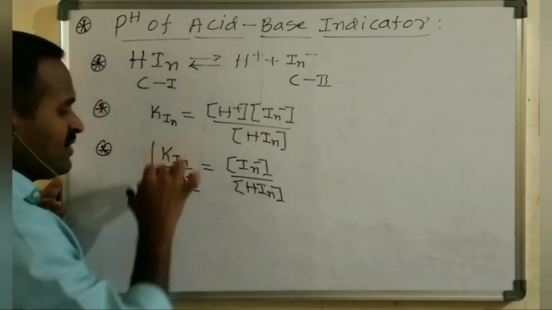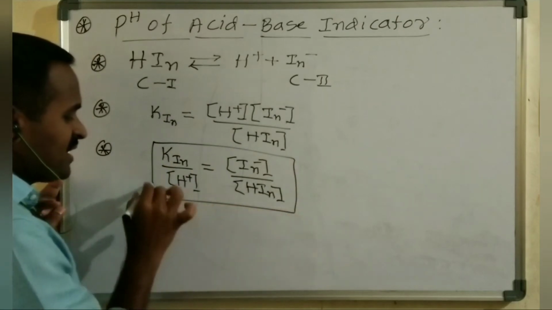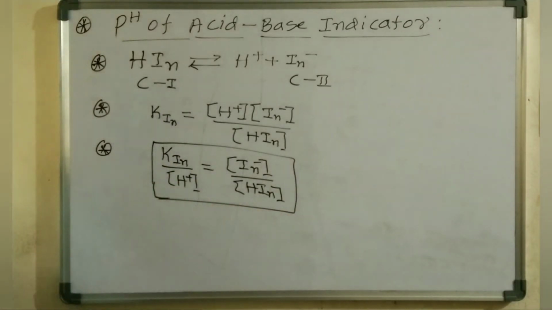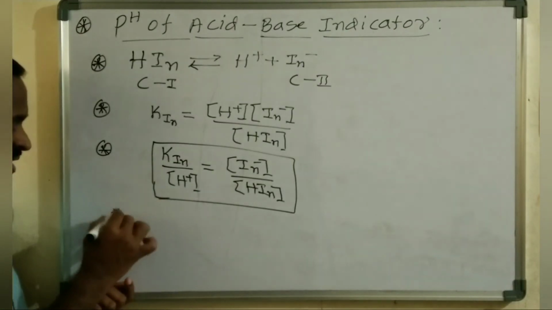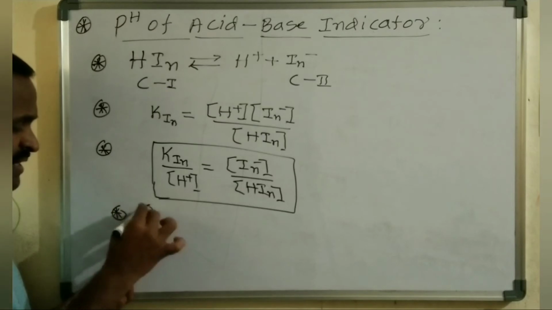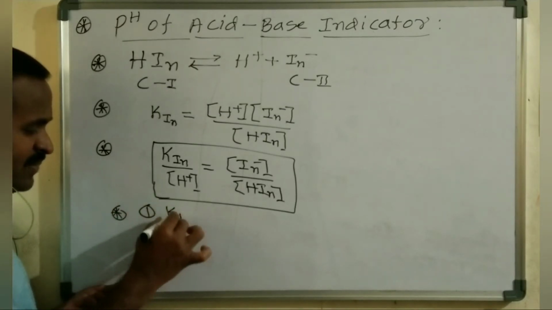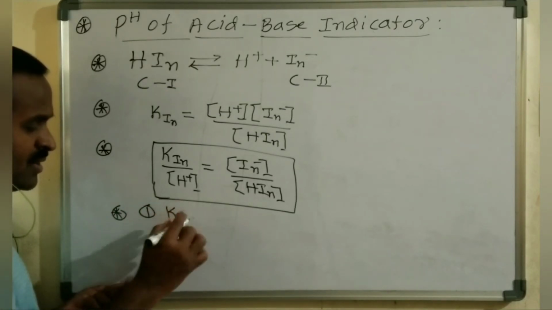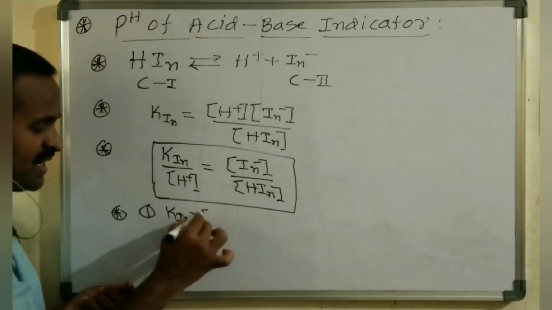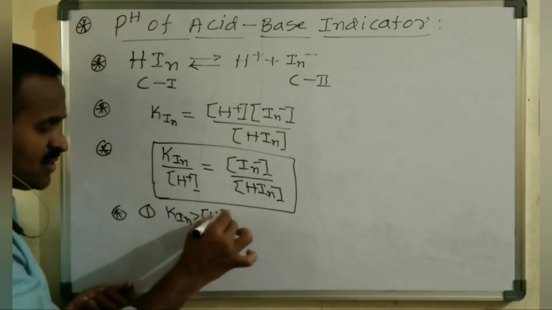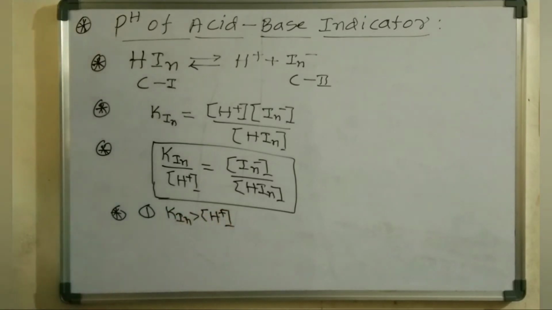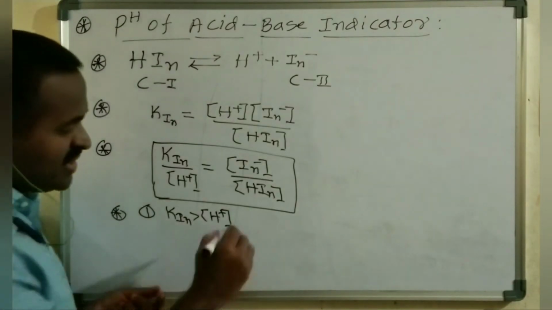Okay, so here we can frame that mainly three situations will be raised by comparing the KIn and the H plus ion concentration. Suppose the KIn value is more than the H plus ion concentration. So the magnitude of KIn is more than the H plus ion concentration.